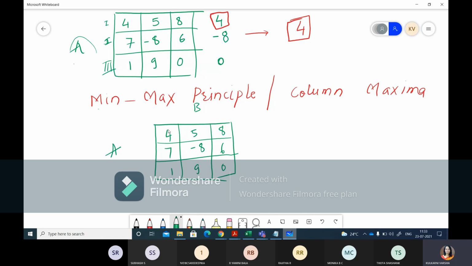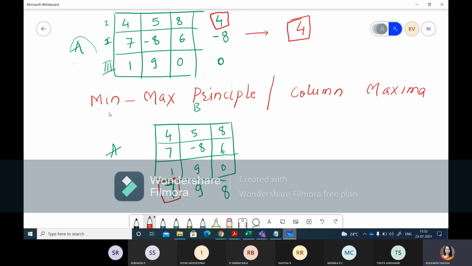From each column we find the maximum, that is the maximum loss B will get. The maximum number here is 7, from here the maximum number is 9, and from here the maximum number is 8. From these maximum losses he will try to minimize the loss, which is the minimum number. So 7 is the minimum out of 7, 9, 8.